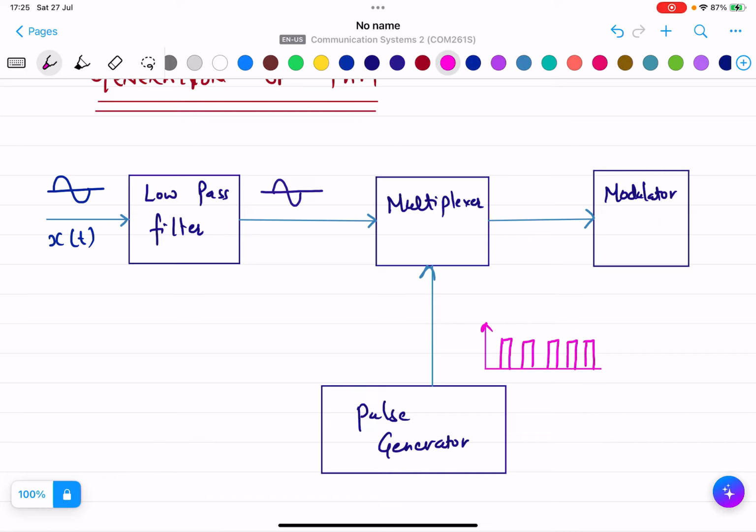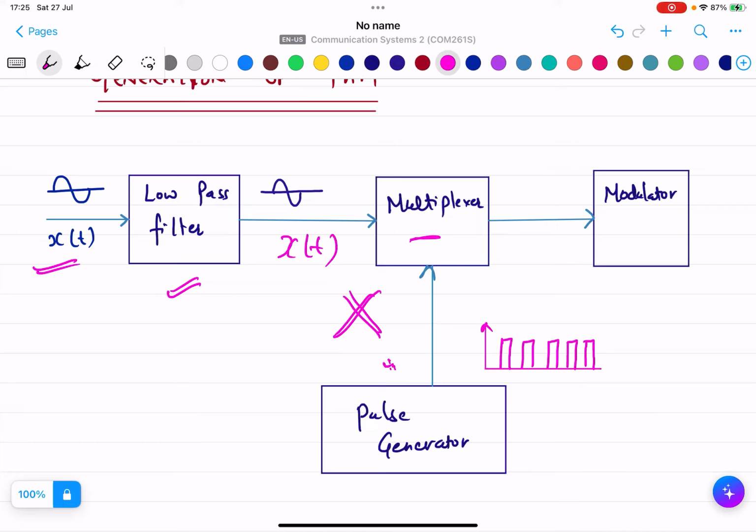This x(t) passes through the low pass filter, which limits the bandwidth, and then the multiplexer multiplies x(t) with the pulse from the generator.